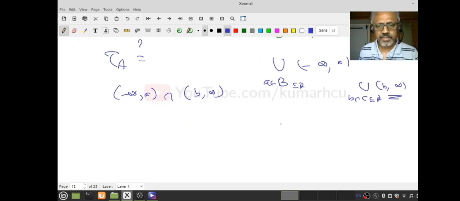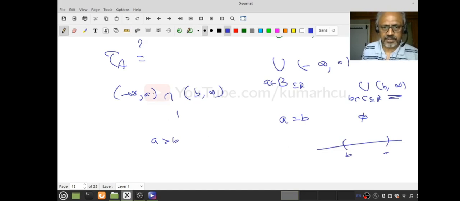Do you follow that? Now what are the possibilities? Either a equals b, in which case the intersection is empty, or a is less than b. This is my a, this is my b. What is the good thing? x must be greater than b and less than a, therefore that interval is, maybe I should say b greater than a, I always like it that way. Okay, a is less than b.